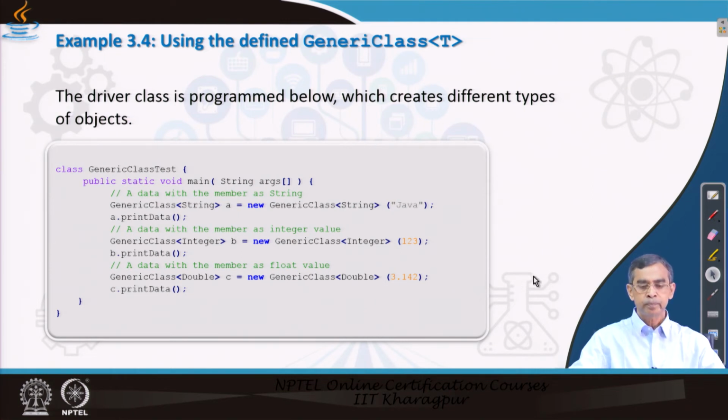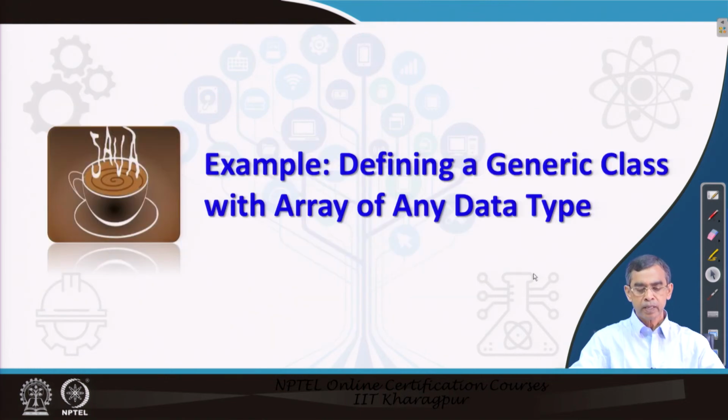So this example gives you a simple idea about how a simple generic class can be declared. Now, let us extend this idea a little bit more deeply: how we can define a generic class with an array, where the array can store any data type.